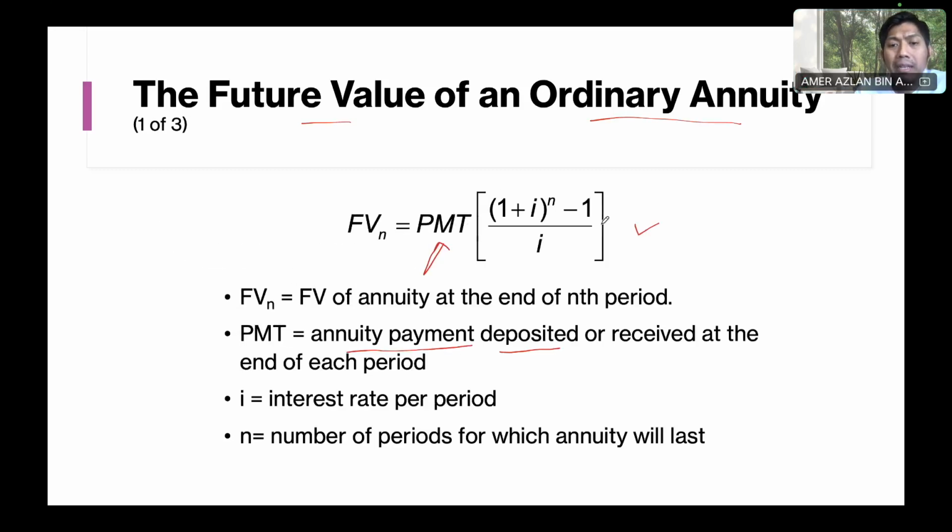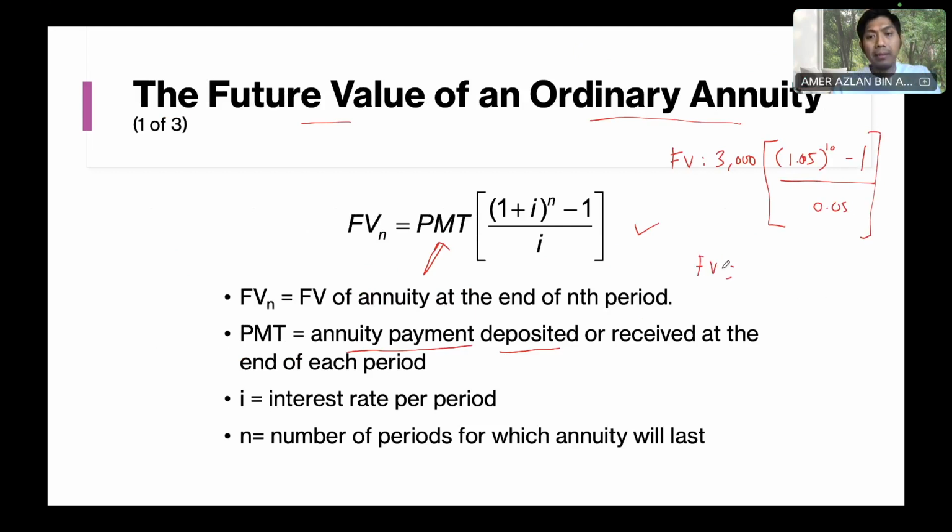So if we calculate, the PMT is the 3,000 that you save consistently every year. 1 plus I, the interest rate is 5%, so 1.05. N is 10 years, so 1.05 to the power of 10, minus 1, divided by 0.05, the interest rate.